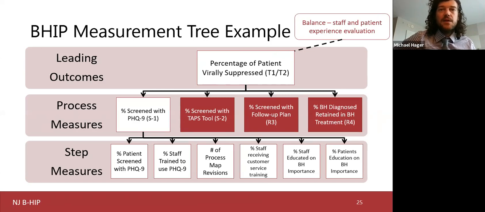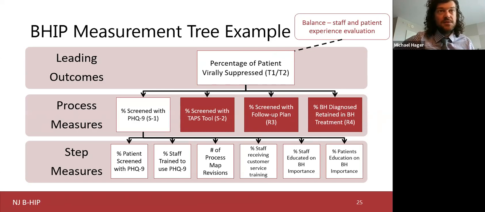The next thing: how many changes are you making to your process map, and are you updating your policies and procedures around that? That's another way to think about who's doing the screening, in what order, and why. Another thing you could focus on would be the percent of staff receiving customer service training. And then finally, education about the importance of behavioral health and how it affects our HIV disease: the percent of staff that are educated on behavioral health importance and the percent of patients that are educated on behavioral health importance.